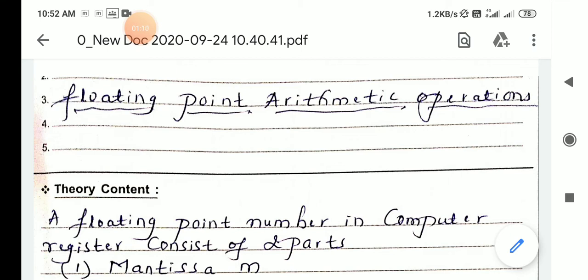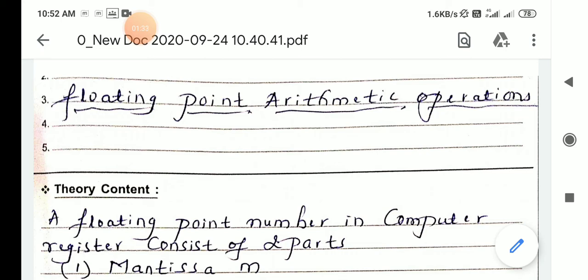Also, in the first class you saw fixed point representation. In that, you have addition, subtraction, multiplication, one's complement, two's complement, and also the sign magnitude part. That is also in chapter number 3.